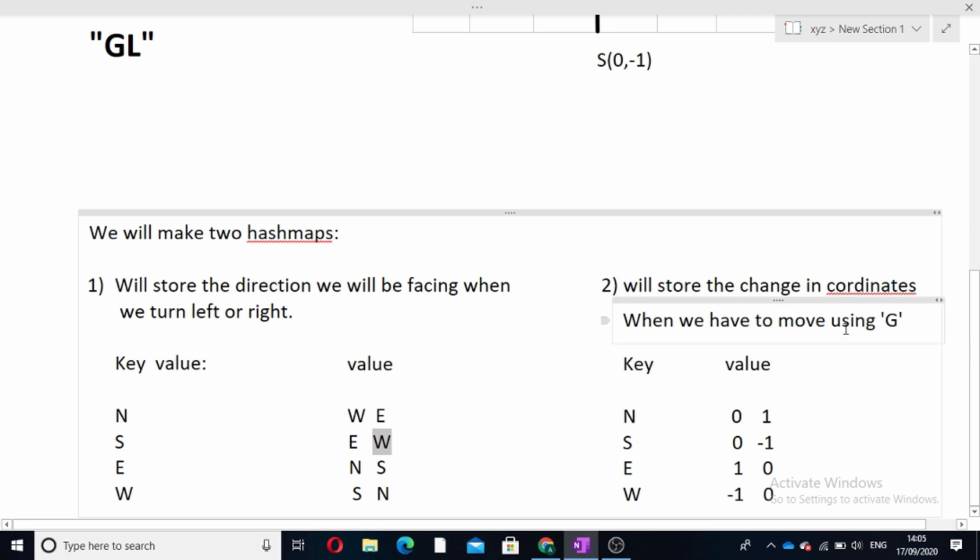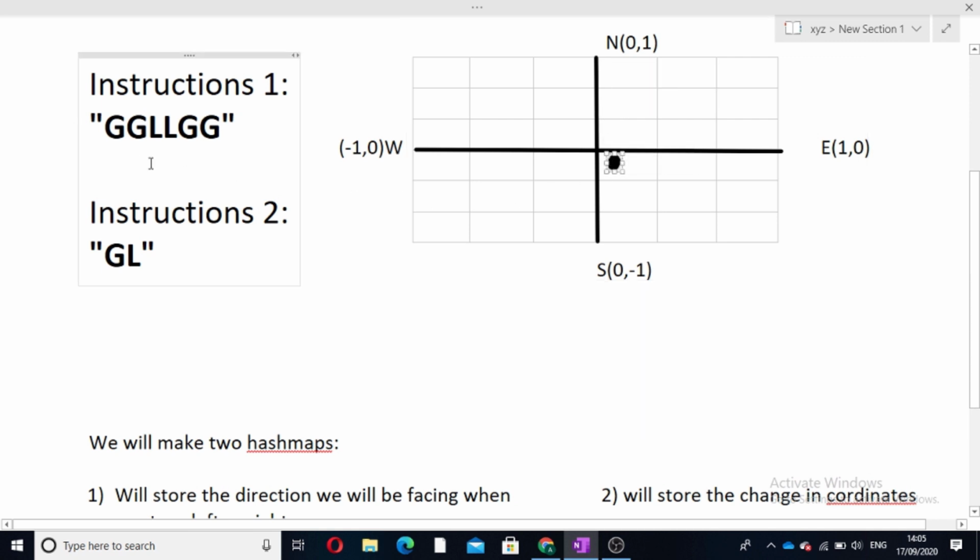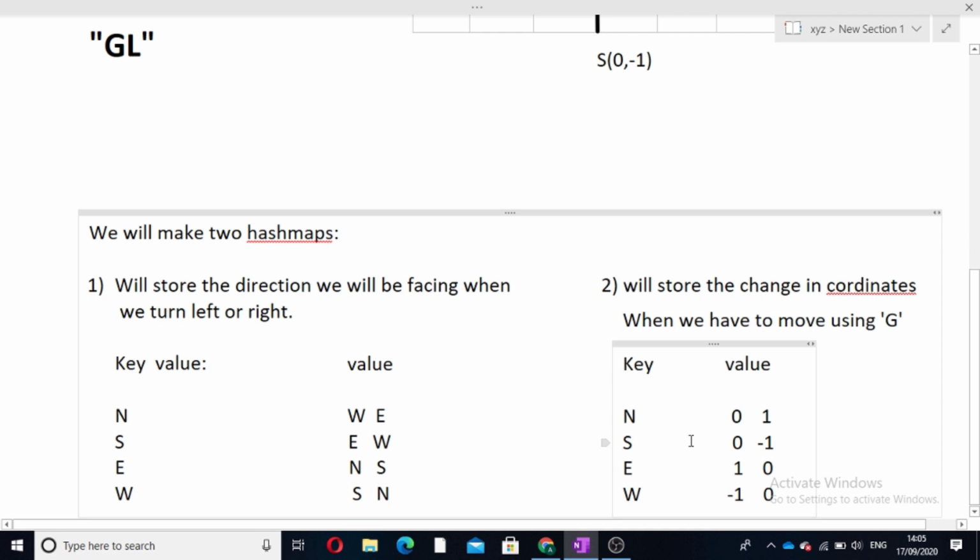Now what is the second hash map doing? The second hash map will store the change in the coordinates when we have to move using G. Our robot was initially at 0, 0. Now it has encountered G, so it will move in the direction it is facing. Suppose the direction it is facing is north.